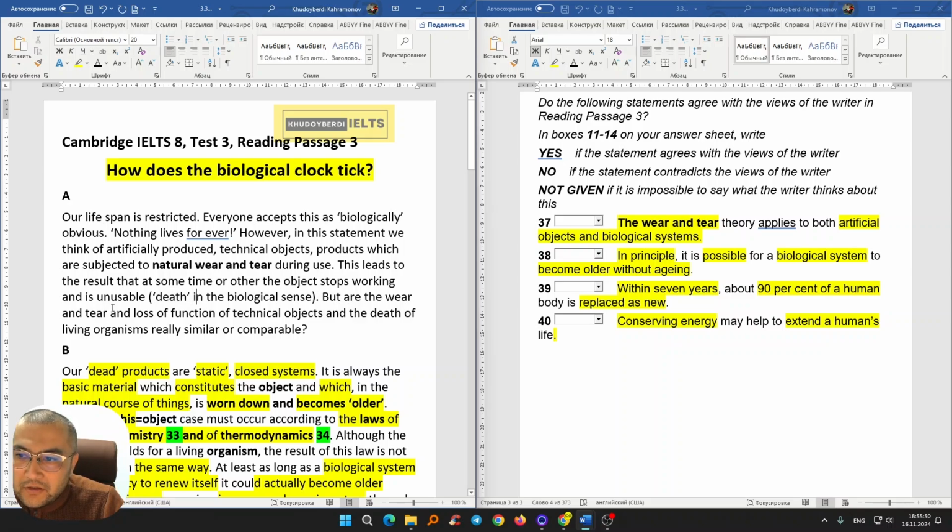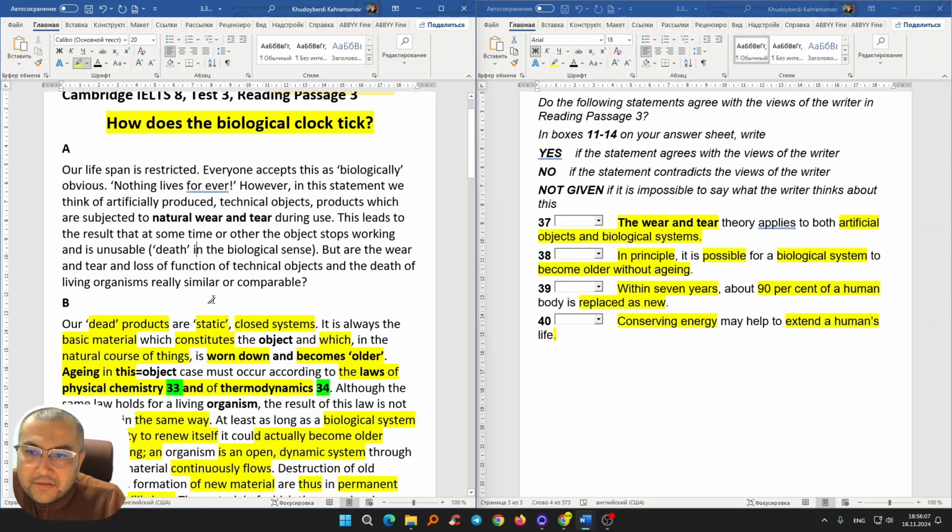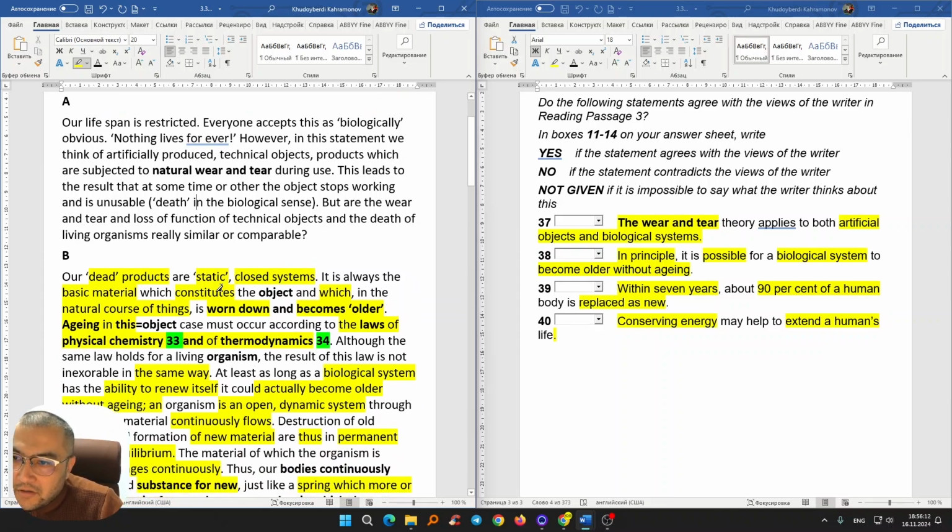But are the wear and tear and loss of function of technical objects and the death of living organisms really similar or comparable? Okay, and where does the wear and tear theory apply to both artificial objects and biological systems? So let's see, is it about artificial or is it about biological?